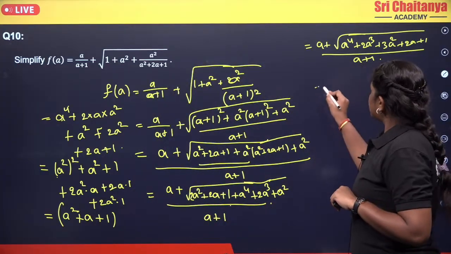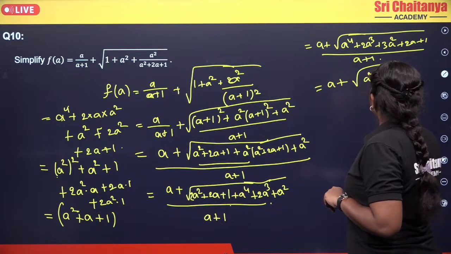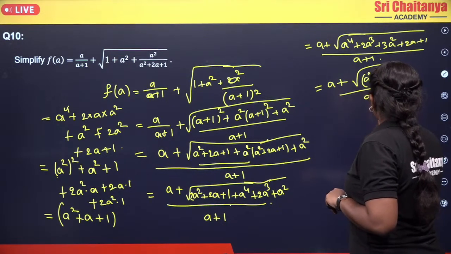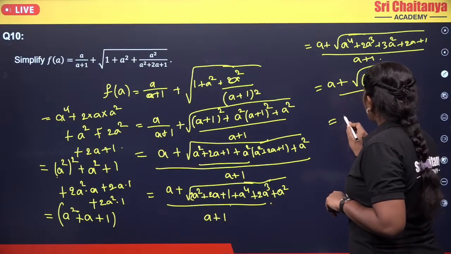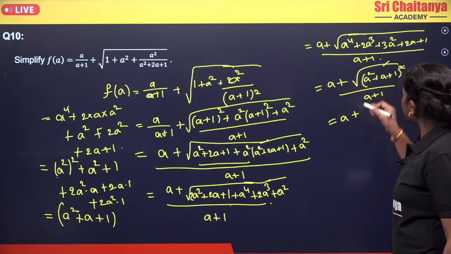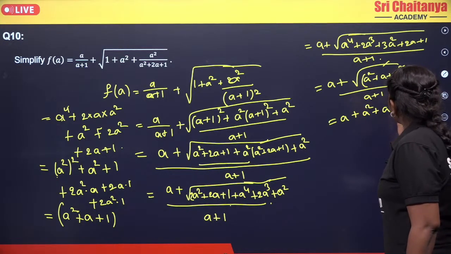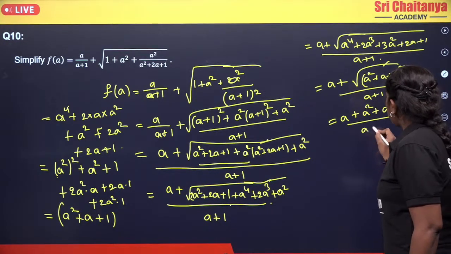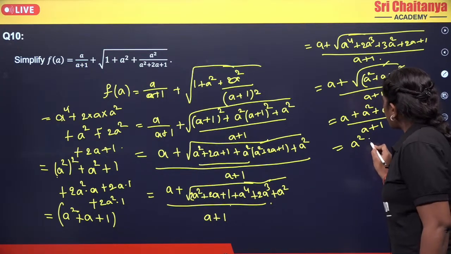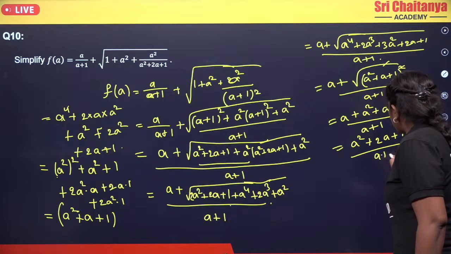Now just place that value. So here we will be getting root of a square plus a plus 1 whole square by a plus 1. Okay. Now it will be a plus, so square and root will get cancelled. So here we will get a square plus a plus 1 by a plus 1. Now a plus a will give you 2a. So a square plus 2a plus 1 by a plus 1.